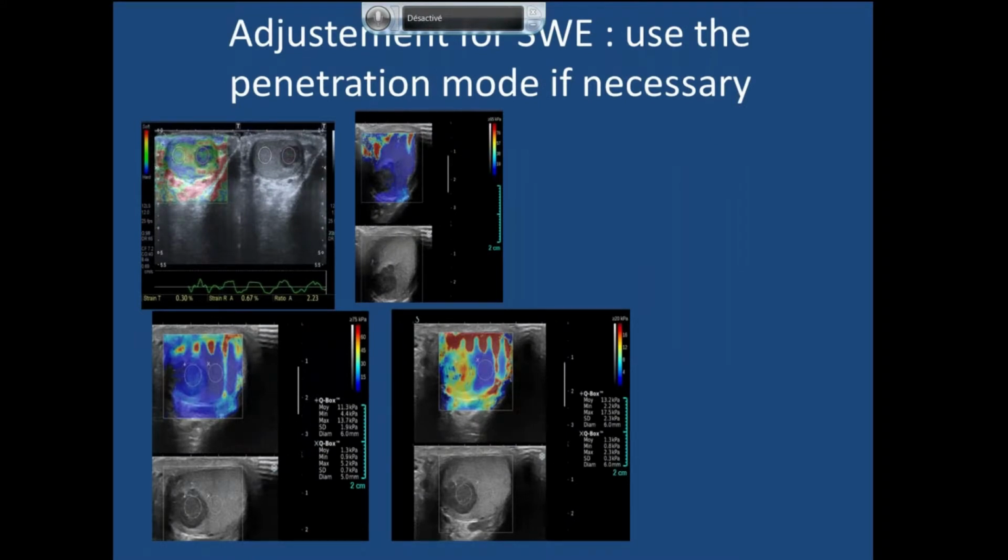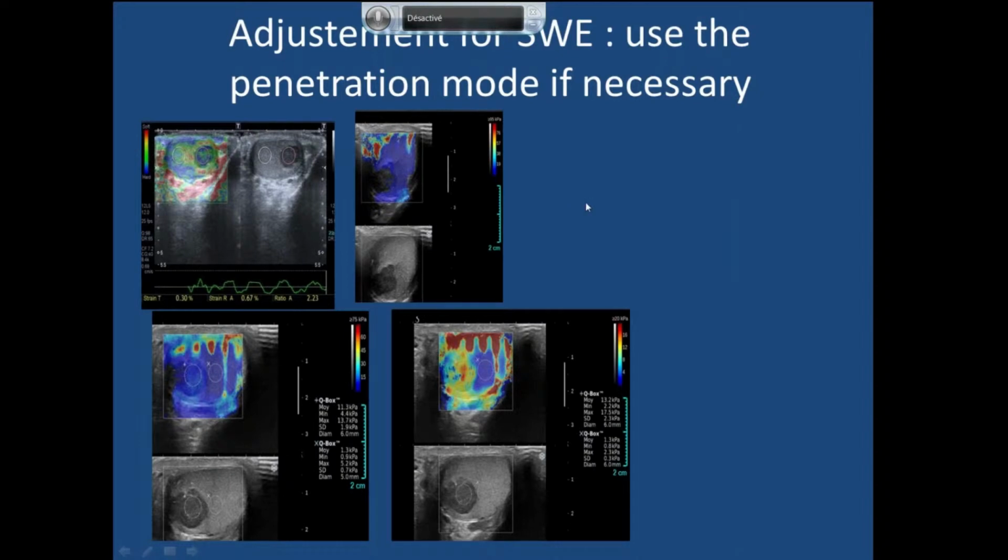You may have to make some adjustments, especially if there is a filling defect in the cartography. For example, for this very hard lesion, it was really obvious with strain elastography that it was really hard, but with the standard mode, we could not observe the real stiffness of the lesion.